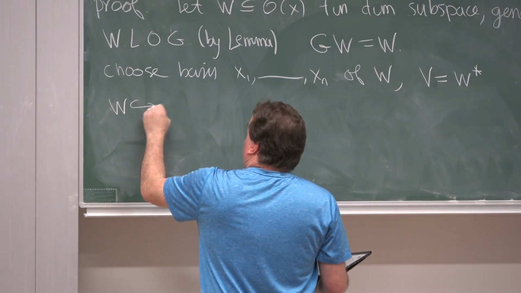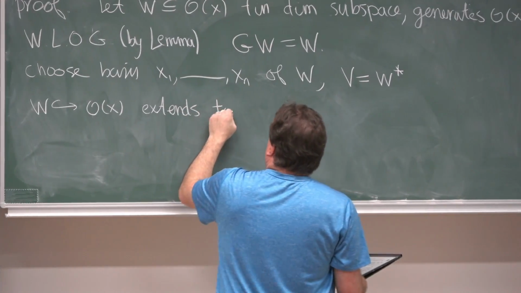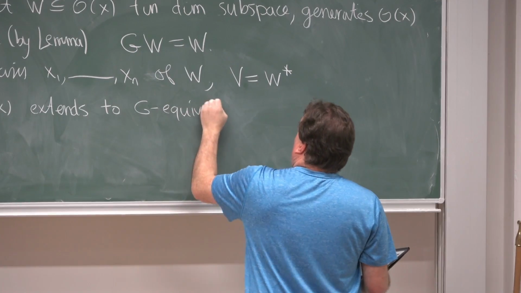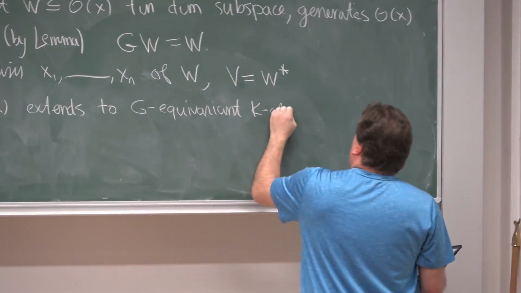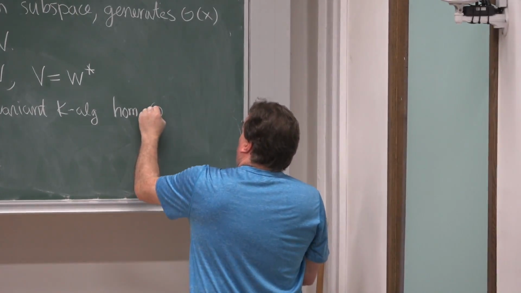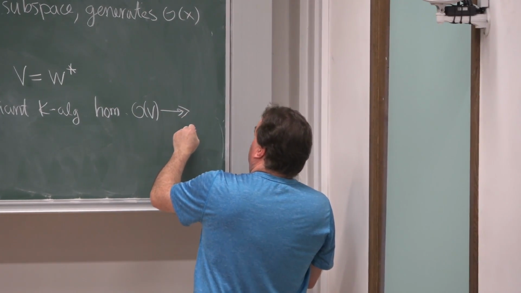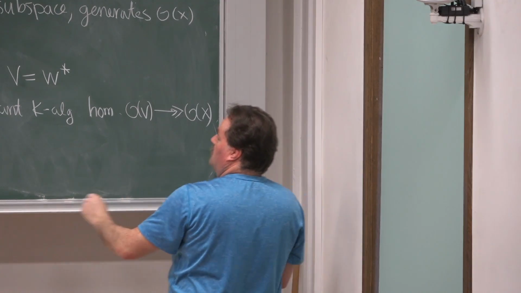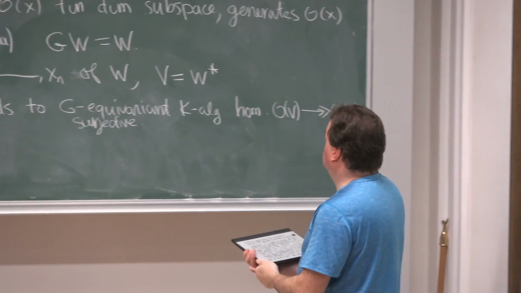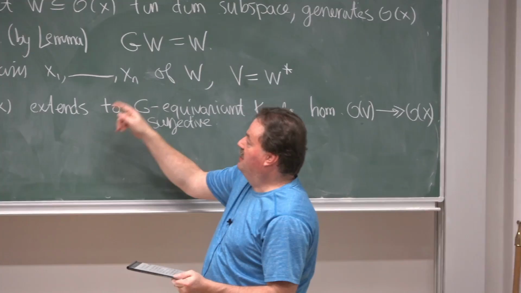So we have this inclusion, which extends to a G-equivariant K-algebra homomorphism from O(V) to O(X). I forgot to say surjective also. This here is just a polynomial ring in x1 up to xn.